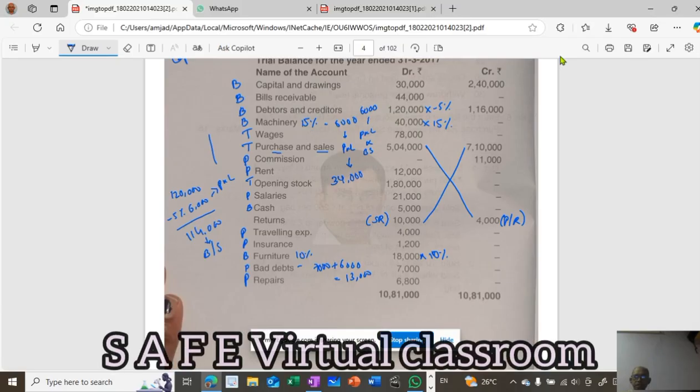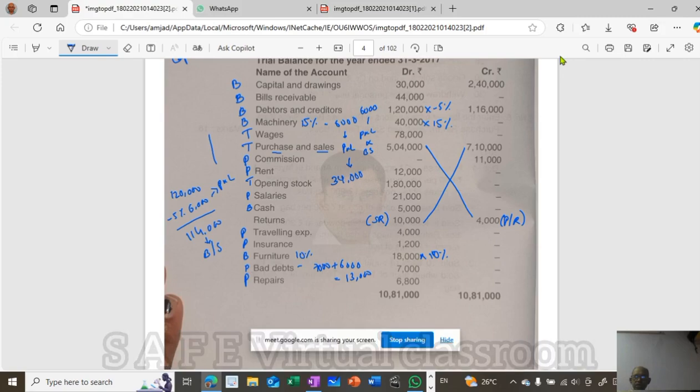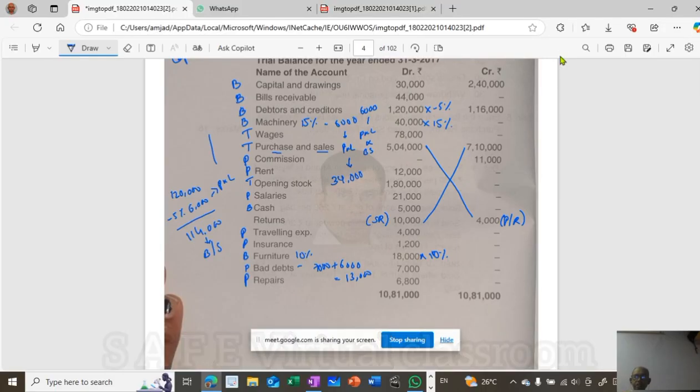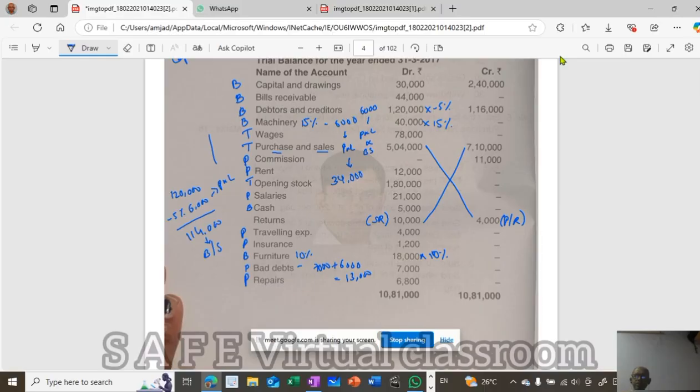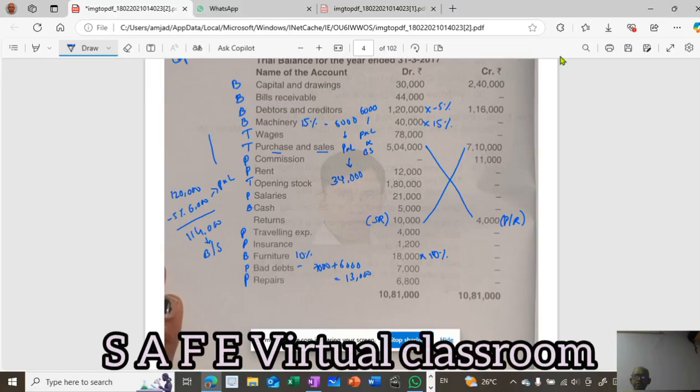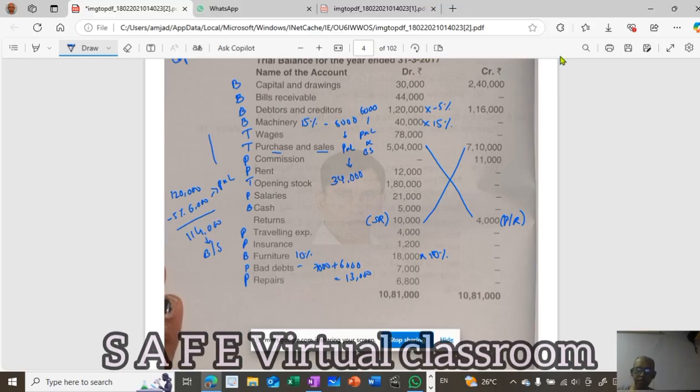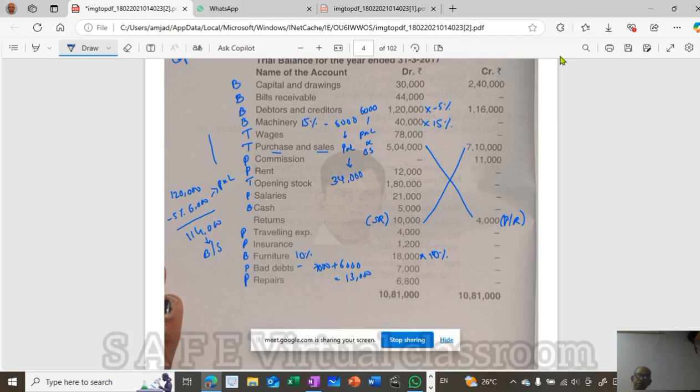The net amount, 34,000, will go to balance sheet because we minus 6,000 from 40,000. We can just write 34,000. Ultimately 34,000 is the net asset for us, the value of machinery in balance sheet. So that we have to show.